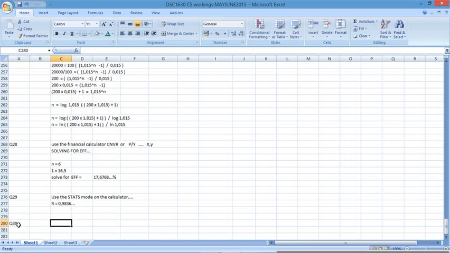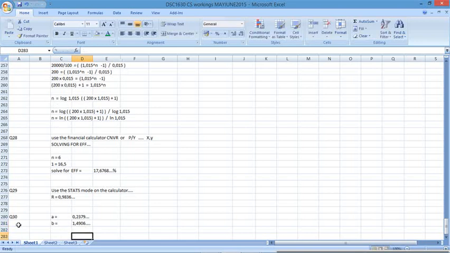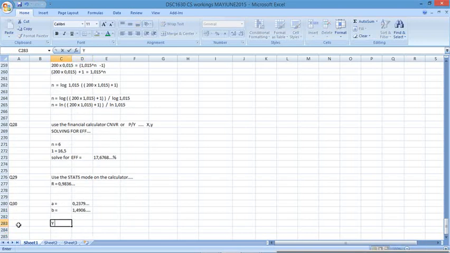Then question 30, a and b. a comes out to 0.23 and b comes out to 1.49. Remember your equation: y equals a plus bx.